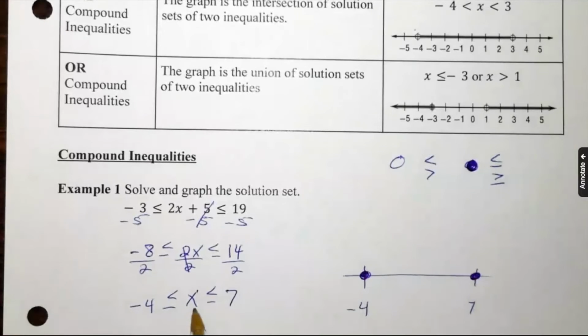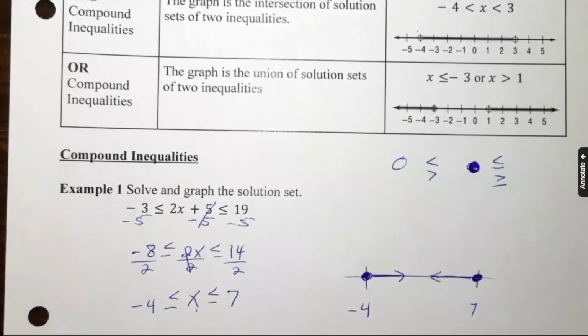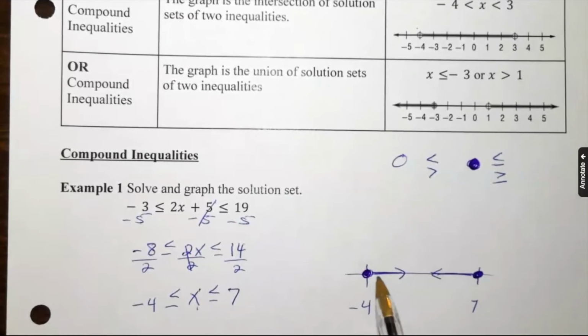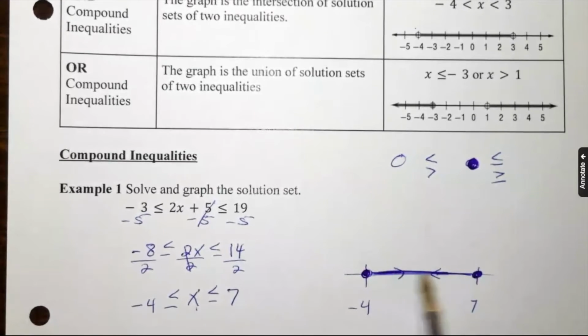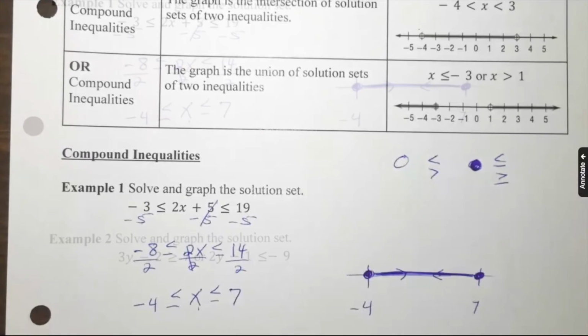It says x is greater than or equal to -4, which means we're moving in this direction. X is less than or equal to 7. We are moving in the less than direction. And what happens is they meet in the middle. I can choose any solution between -4 and 7, and it will work in the equation.